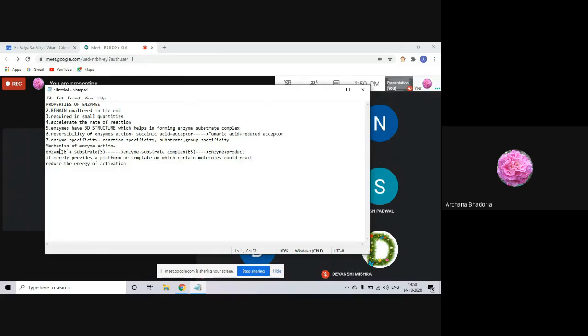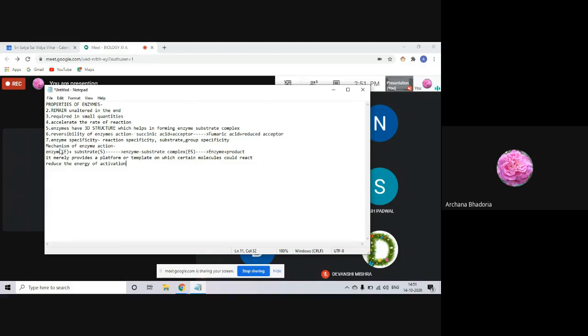Okay, so that's all. We have completed the mechanism of enzyme action. Number one, how do they act? The enzyme will combine with the substrate. It will form the enzyme-substrate complex, and then the reaction will occur. The product will be formed, and at the end the enzyme will be regained in its original, unaltered form.